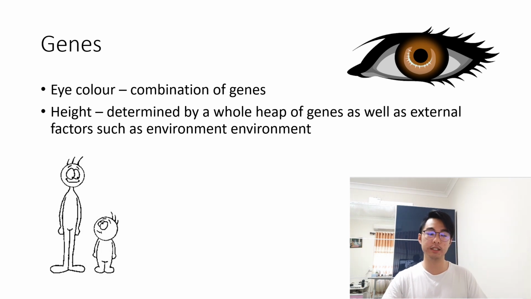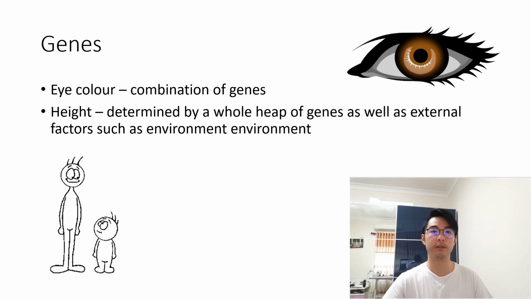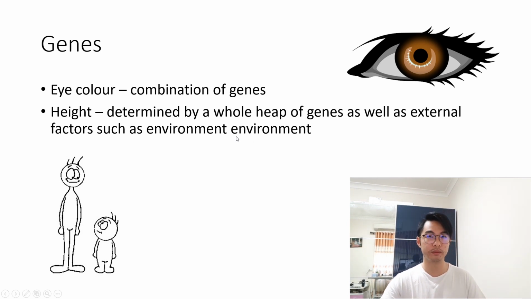And height is another thing. It's very complicated. It's not determined by one gene, but many genes working together. But not only that, it's also dependent on external factors such as the environment. Now, I don't know why I've got two environments there. Just ignore that. It should be just one.